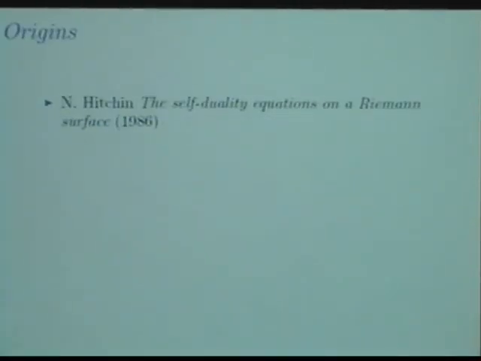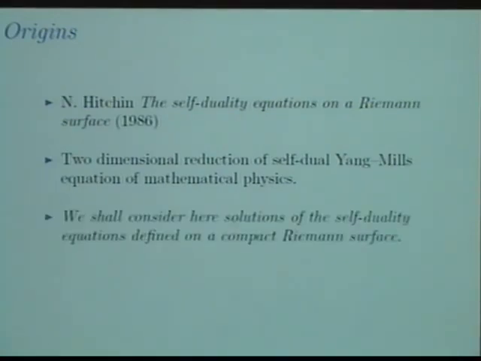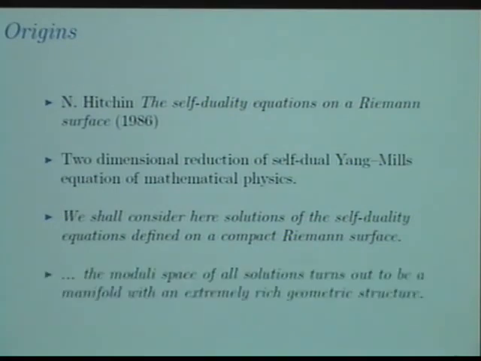All right, so the story begins with Hitchin's paper in 1986. It has to do with the reduction of a certain four-dimensional differential equation to two dimensions. And he finds that he could do this over a Riemann surface, which I'll call sigma as we go along. And he says the moduli space of all solutions turns out to be a manifold with an extremely rich geometric structure.